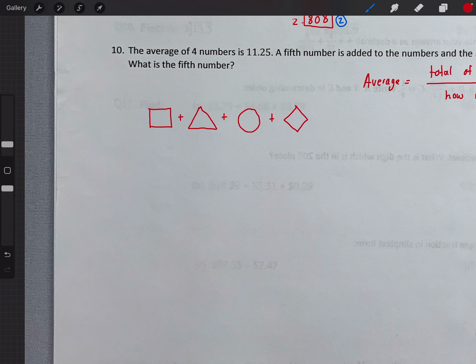We're going to add them up because we want to find a total. Then we're going to divide it by how many numbers there are. There are 4 numbers, so we divide by 4. It says the average is 11.25. So we say that all of that is equal to 11.25. This is the average. We're given the average, so that's why we let it equal 11.25.